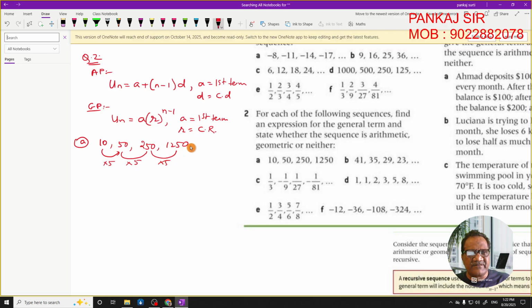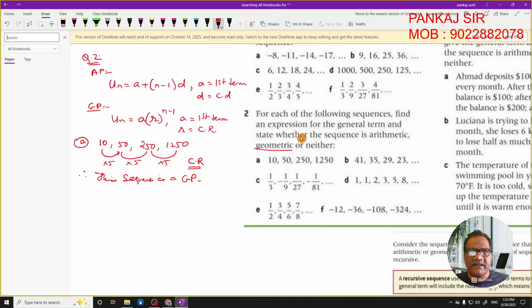This 5 is known as the common ratio, and because it has a common ratio, we can conclude that this is a GP. They told us to state whether the sequence is arithmetic or GP, so this is a GP.